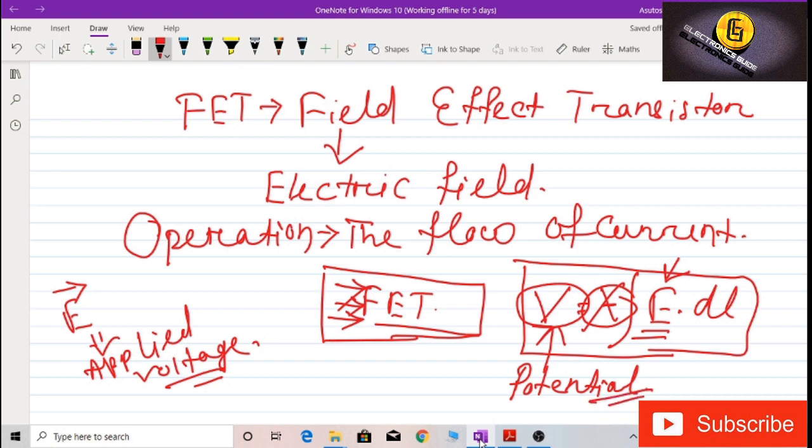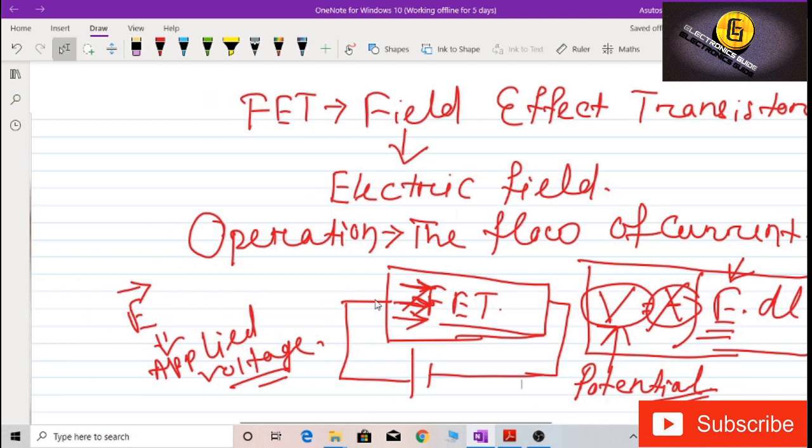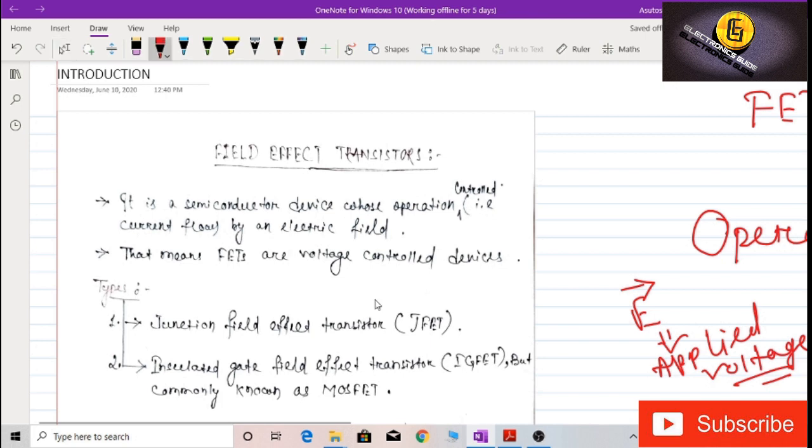So the flow of current inside the device can be controlled by the applied external voltage. So from this definition itself, we can say that FETs are voltage controlled devices.